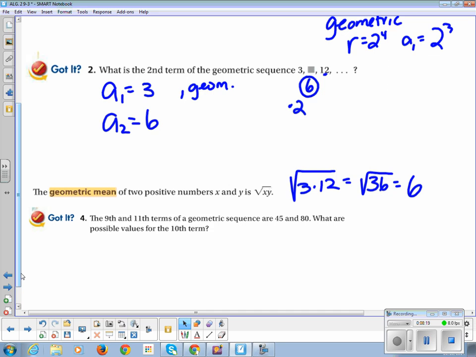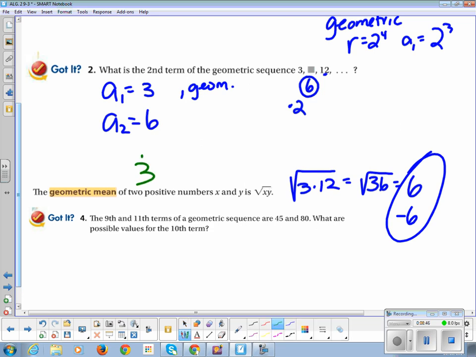Because we know when we take the square root, it creates 2 possible answers. Another answer could possibly be that it's -6. If my common ratio was -2, so if I had 3 times -2 is -6, and what is -6 times -2?